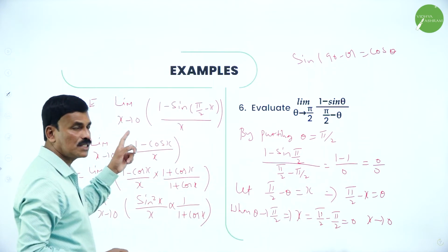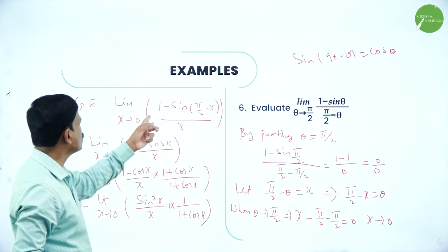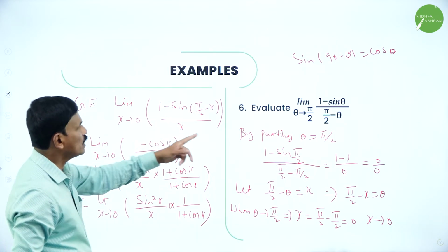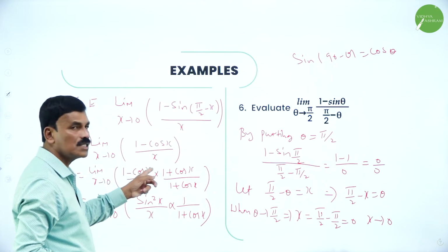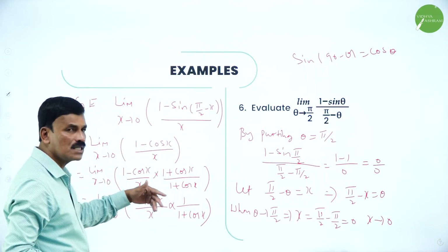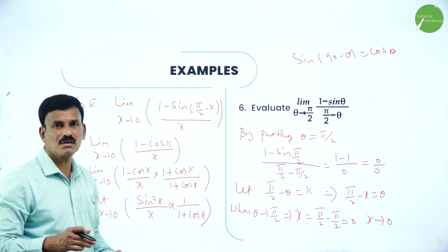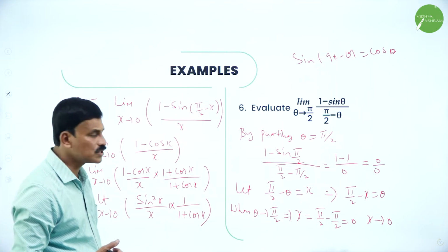So the given limit converts to limit x tends to 0 of 1 minus sine theta, which is pi by 2 minus x, by x, since pi by 2 minus theta is x. So this is 1 minus sine 90 minus theta, which is cos theta, divided by x. Rationalize this and simplify. Otherwise, right away you can write 1 minus cos x as 2 sine square x by 2, and simplify. Any method you can use to solve this.